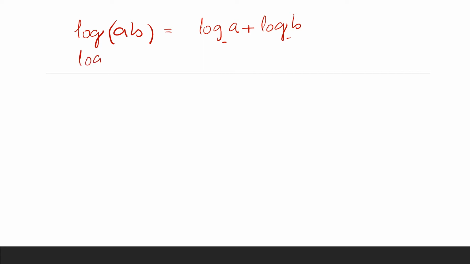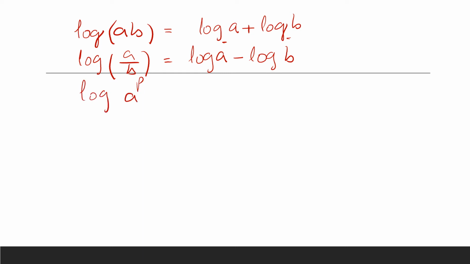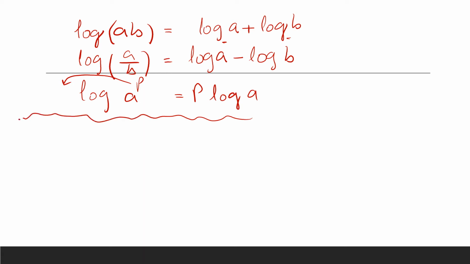Now, if you have log of a over b, then it will be equal to log of a minus log of b. Now, if log of a to the power p is written, you have to bring the power p before the log and then a. So these are the basic properties of log.